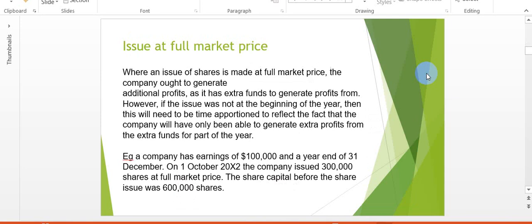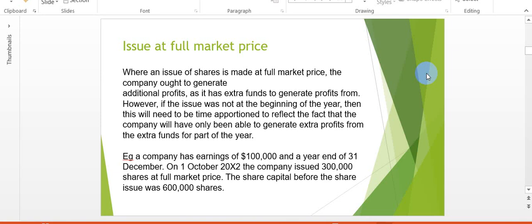Where an issue of shares is made at full market price, the company ought to generate additional profits because there are extra funds being invested into the business. However, there is an issue which has to be addressed.